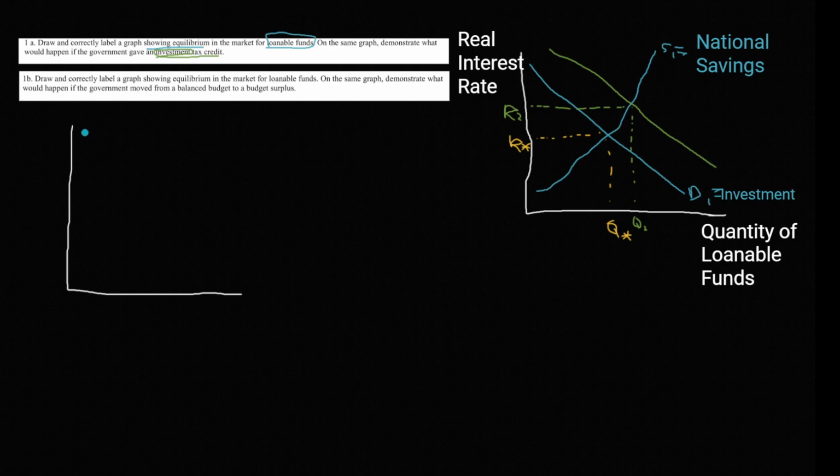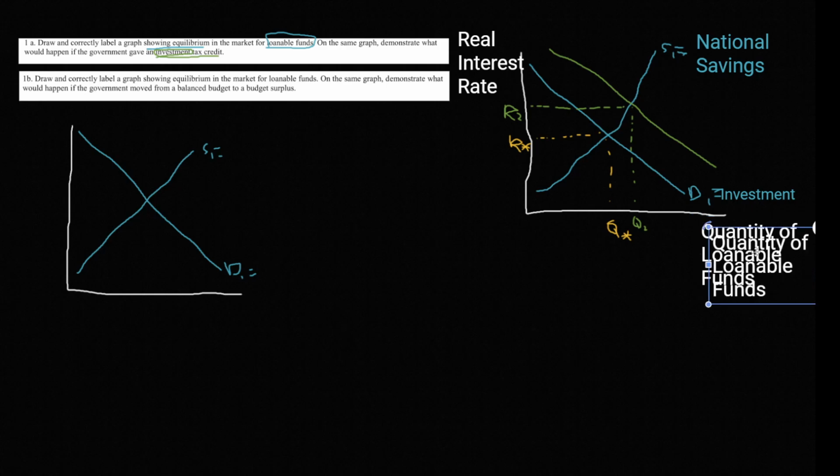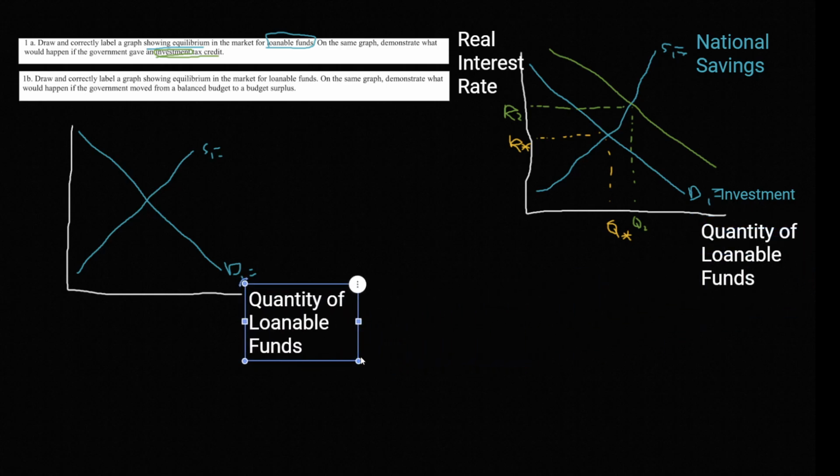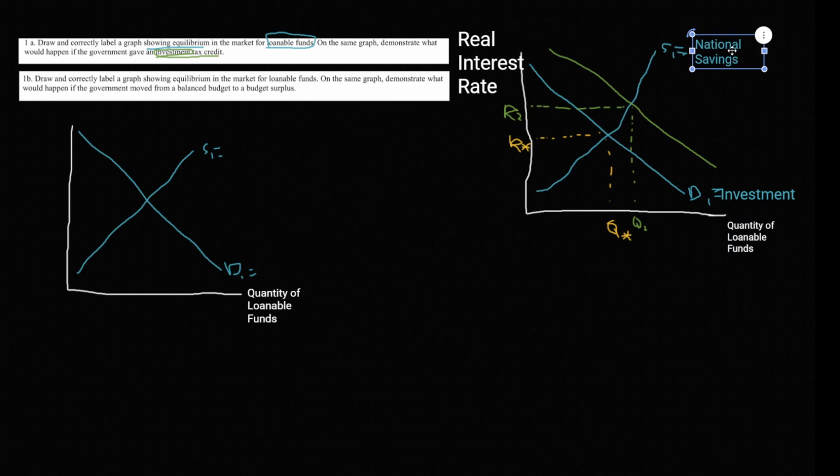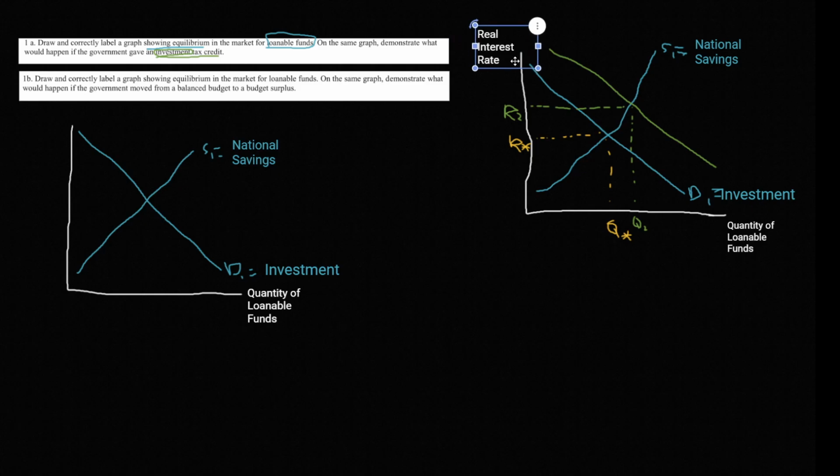So I will go D1 is equal to, S1 is equal to, and I will copy over my labels because these labels are the exact same for every single graph: national savings, investment, and real interest rate.